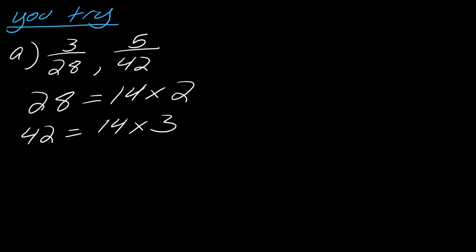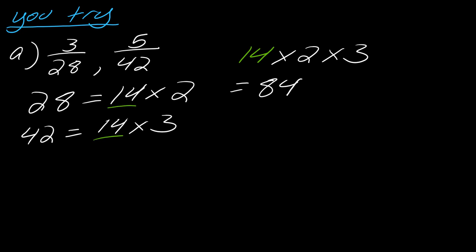If you chose a different number, I will show you what happens later. So let's go through with choosing 14 to start, and then I'll just show you what happened if you did something else. So for my LCD, we've got that 14 in common. So my LCD is going to be 14 times 2 times 3. And if you multiply those together, that will be 84.